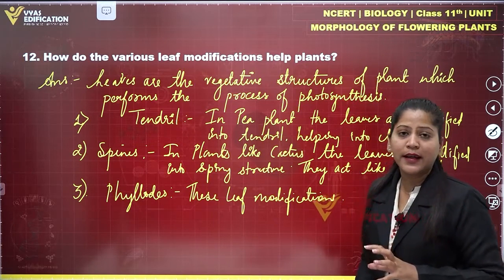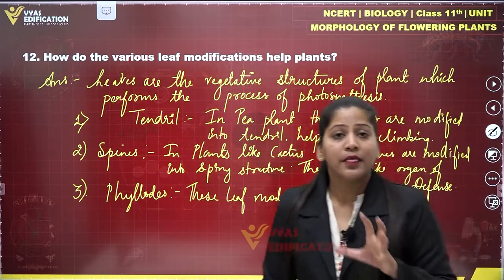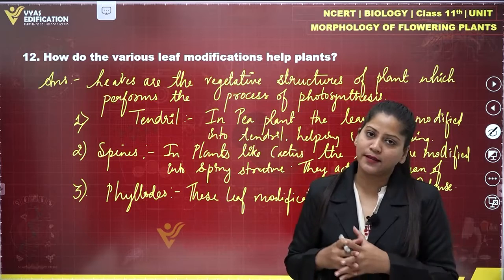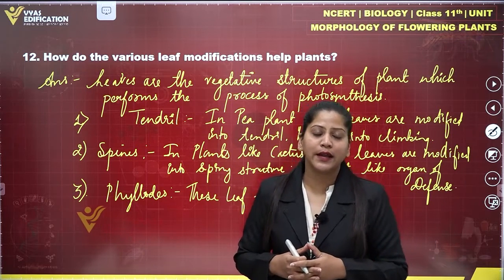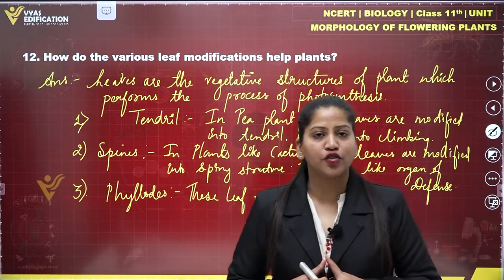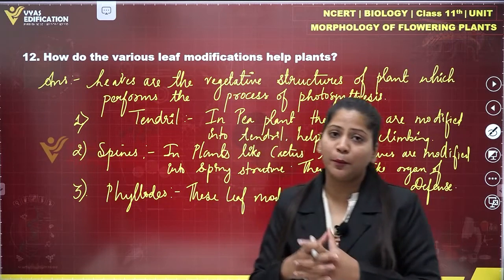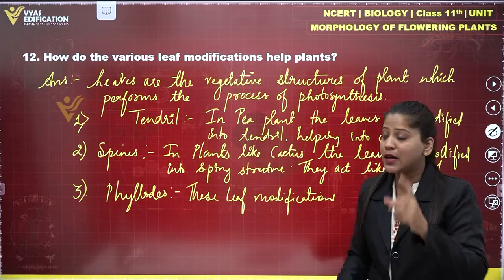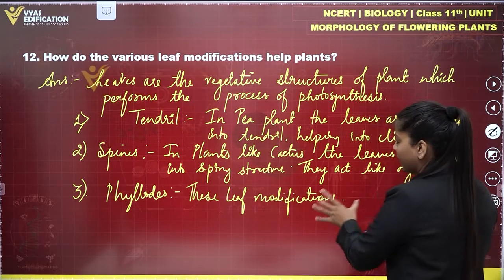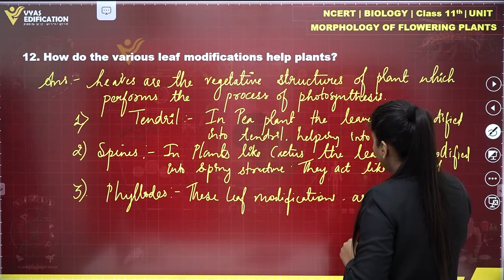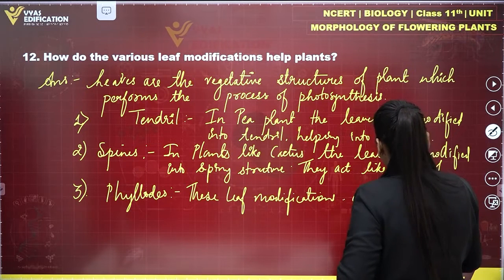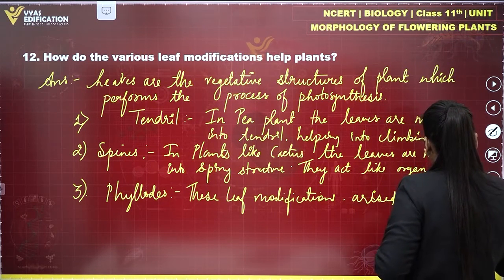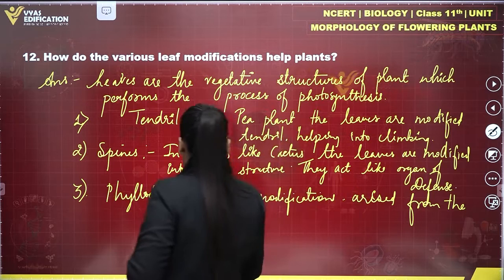In some plants like Australian acacia, the leaves are short-lived and are replaced by phyllodes, which are the modified leaves. These leaves are modified leaves and arise from the petiole of the leaf.